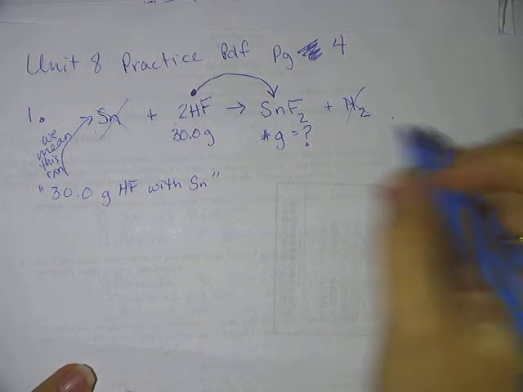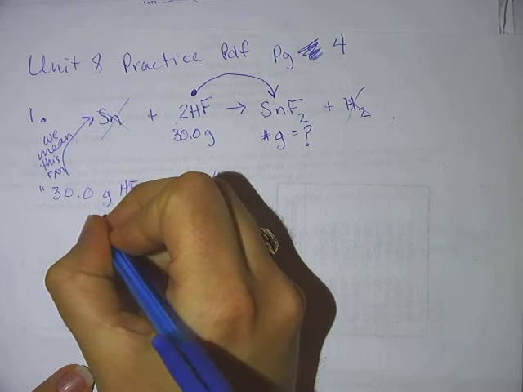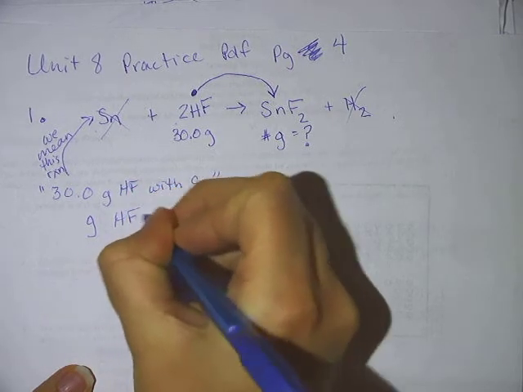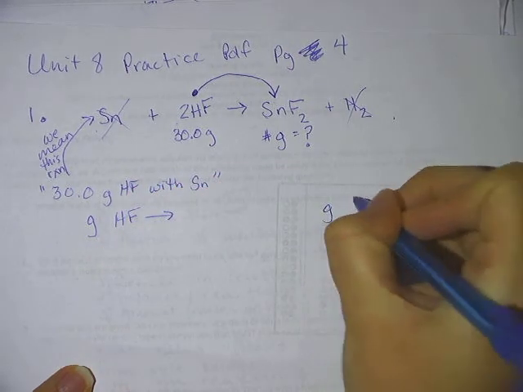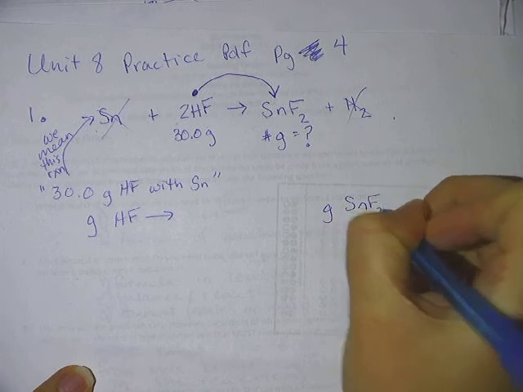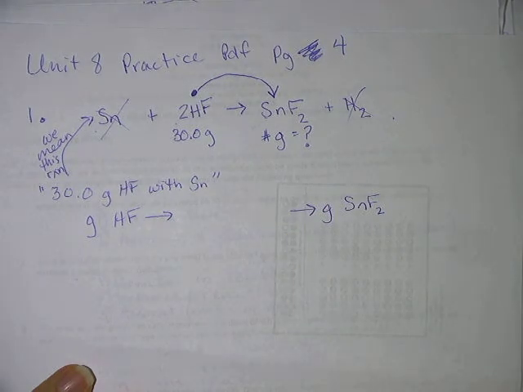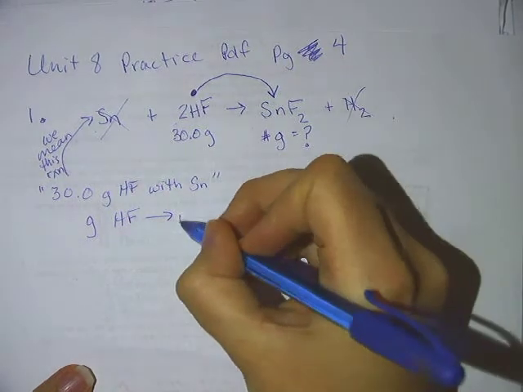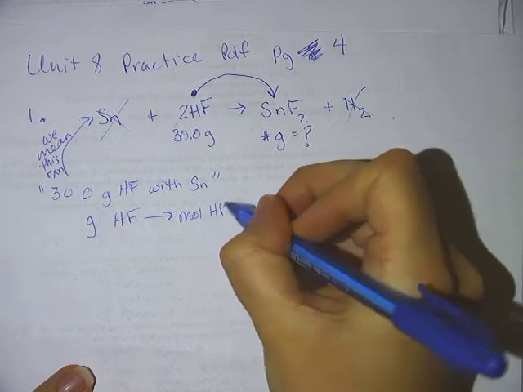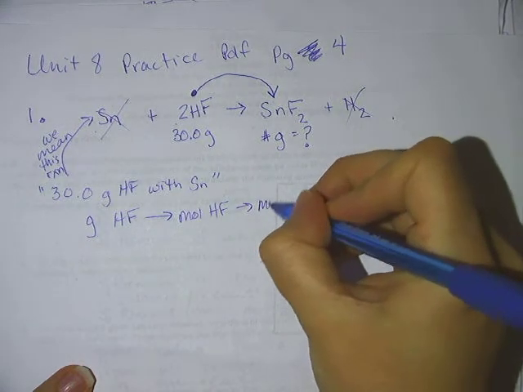Okay, so like we discussed in that little warm-up, we're going to go from grams of HF to grams of SnF2. So what do we have to do in the middle? Moles of HF first, and then moles of SnF2.